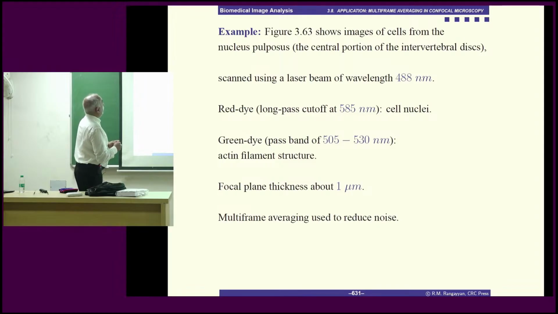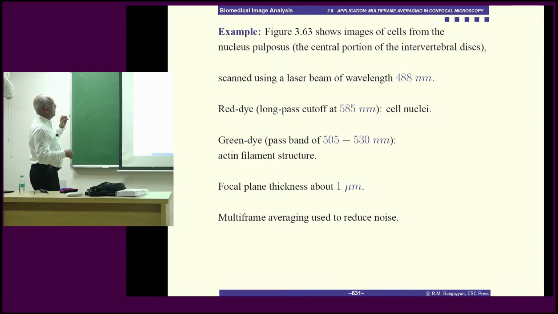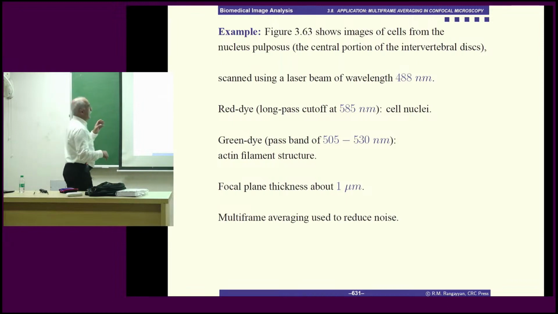The sample I have here is a set of cells from the nucleus pulposus, which is the central portion of the discs between the vertebrae, scanned using a laser beam with a wavelength of 488 nanometers.